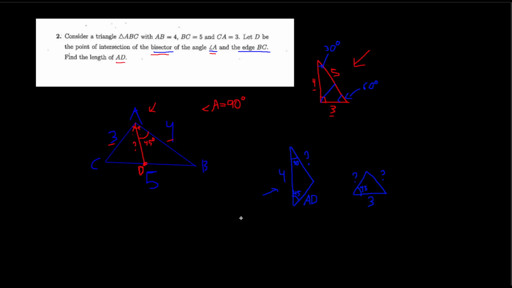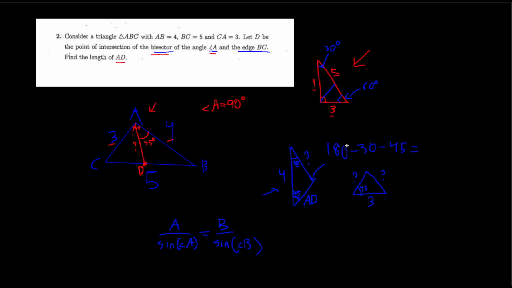The law of sines says that side A over the sine of angle A is equal to side B over the sine of angle B. You could do this for side C as well, but we're not going to need that. If this is 30 and this is 45, we can find the missing angle here and complete this triangle. 180 minus 30 minus 45 will give us that other angle.